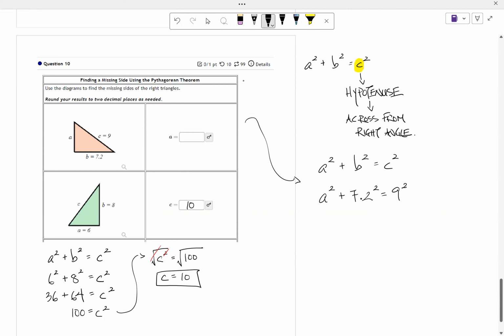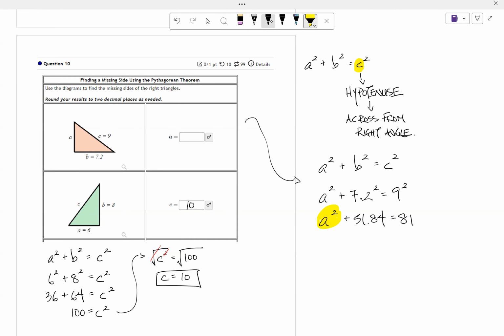Now, let's type in some numbers into our calculator. So we've got a squared plus 7.2 squared is 51.84 equals 9 squared is 81. Okay. And now I want to get the a squared by itself.